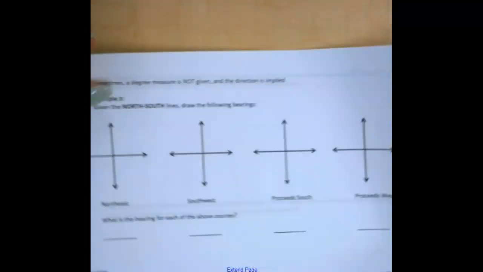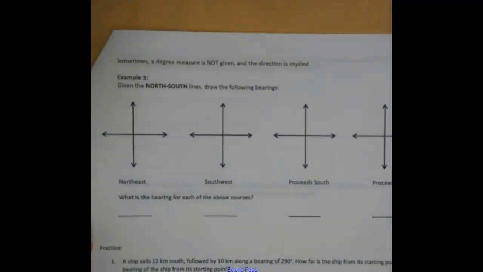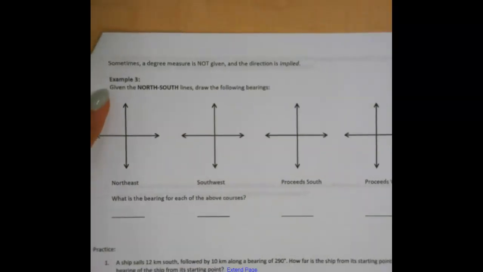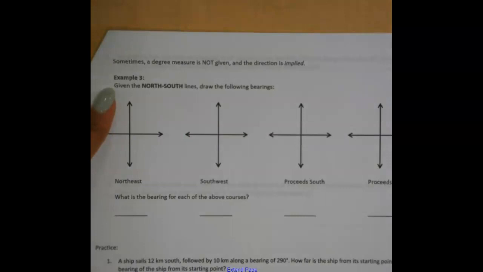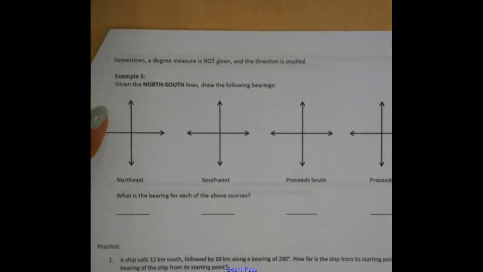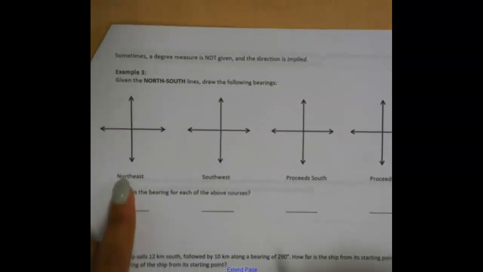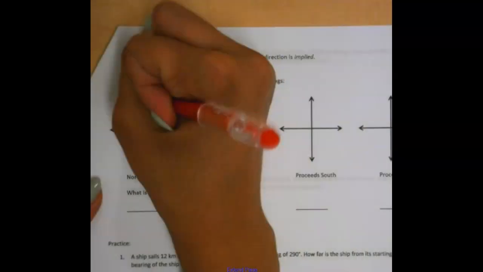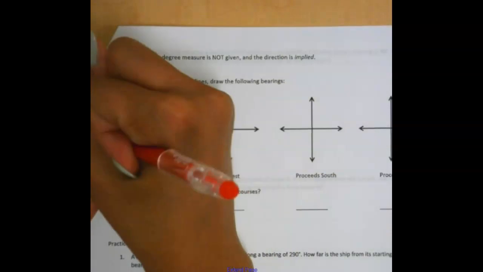On this top portion, it says sometimes a degree is not given and the direction is implied. So with this part, it says given your north and south lines, draw the following bearings. So we're just going to make a very simple bearing for each of them. So northeast, first, let me actually write out all of my sides. This is north, east, south, and west.